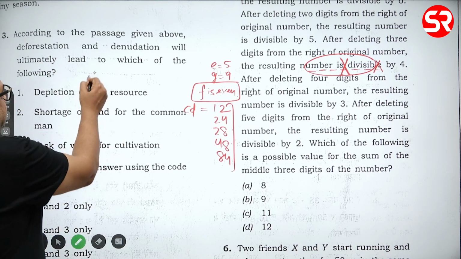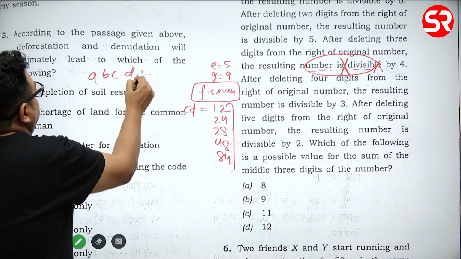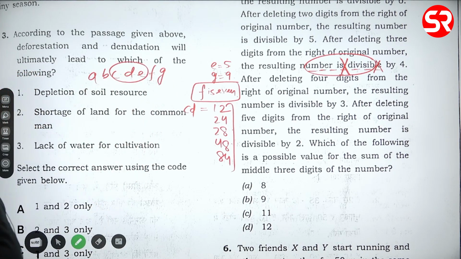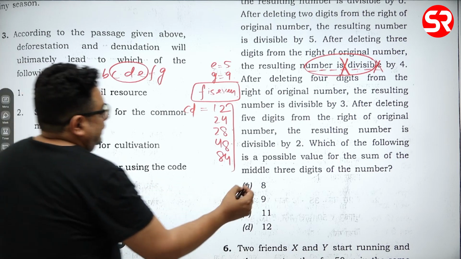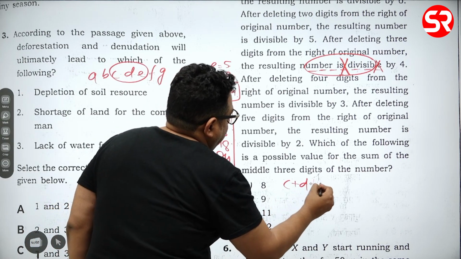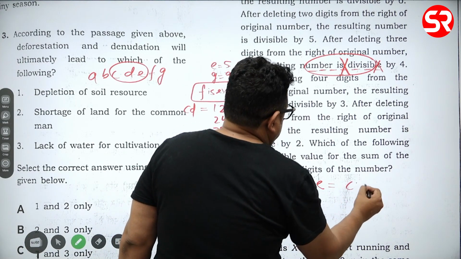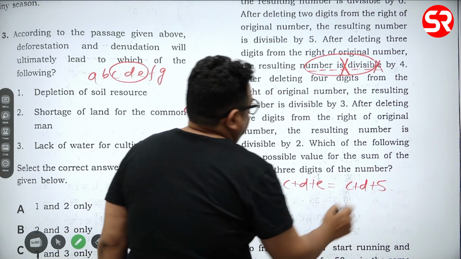So the number was A, B, C, D, E, F, G. Middle 3 terms are these: C, D and E. C, D and E, isn't it? So what is C plus D plus E, where E is 5, isn't it? Which means what is C plus D plus 5?